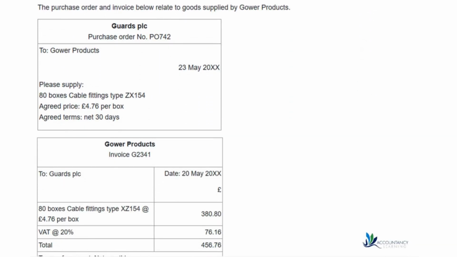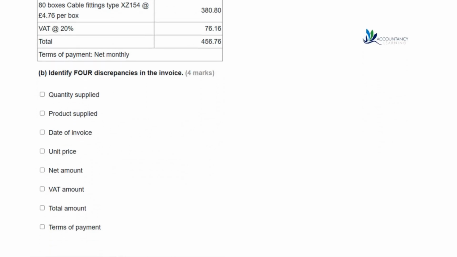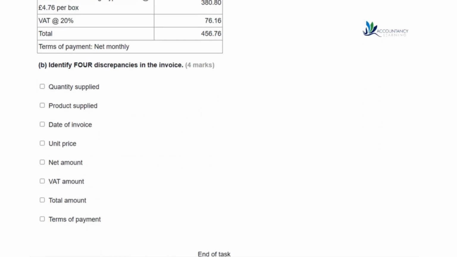The next part of the question then, we are given a purchase order and an invoice related to goods that have been supplied by Gower Products. And then part B asks us to identify 4 discrepancies in the invoice.